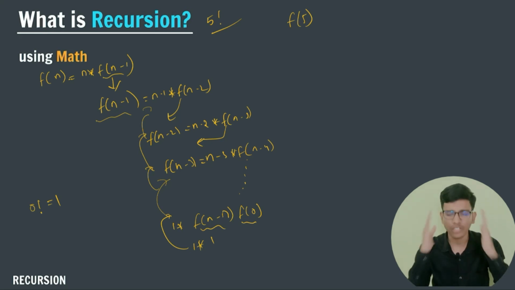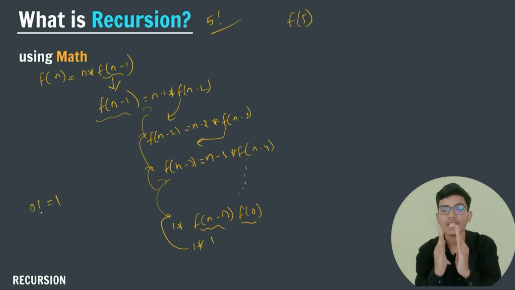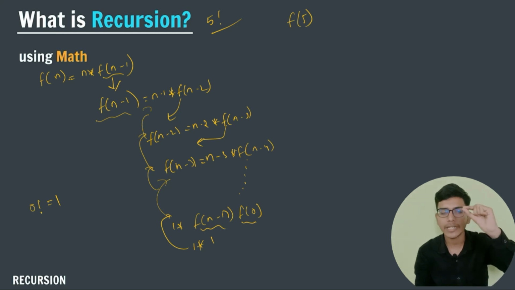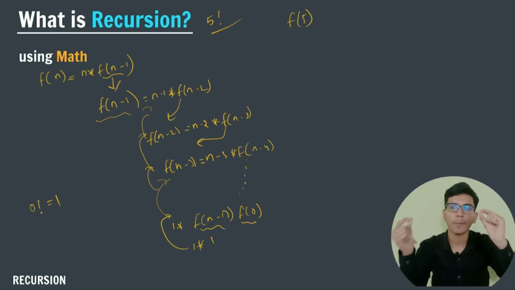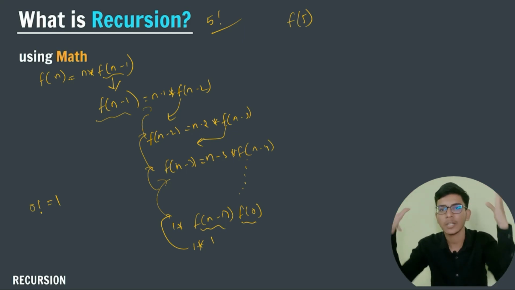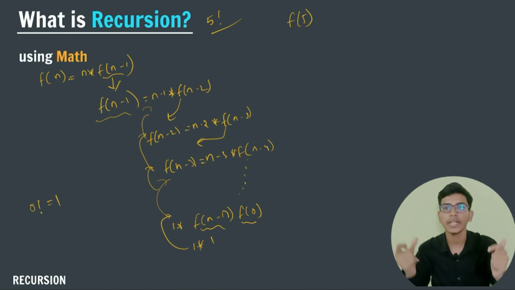So the main concept of recursion is, if you don't know the answer to a huge problem, break it into small pieces and find the solution for each small piece. Then combine all those small pieces, and you will get the final answer of your huge problem.